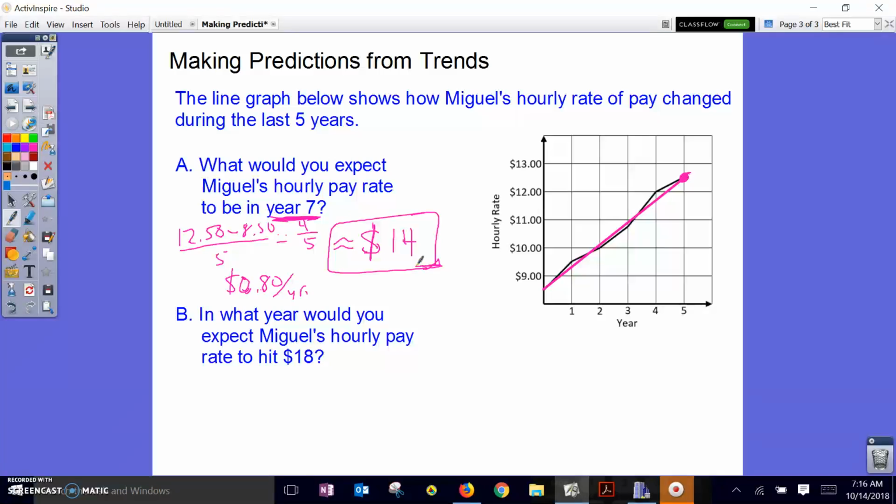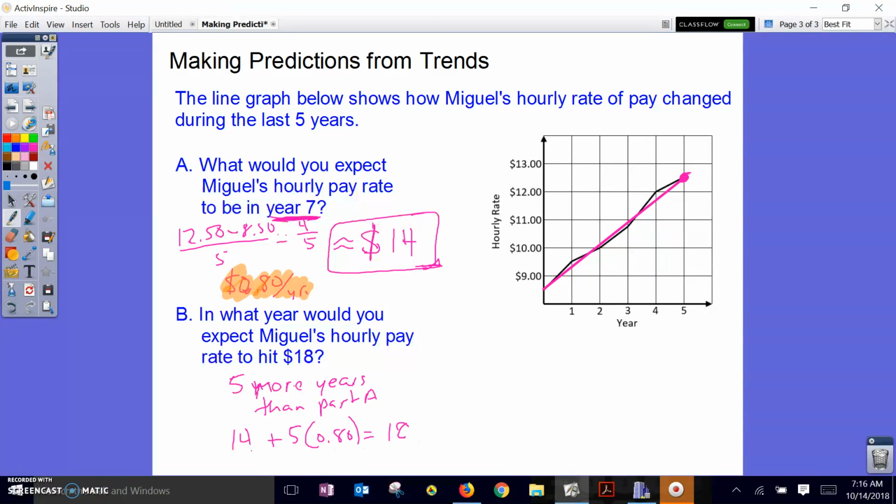Now the next thing it asks is, in what year would you expect Miguel's hourly pay rate to hit $18? Well, we think from here that it's going up on average about 80 cents a year. So let's keep adding 80 cents to that $14. And in order to do that, we need to add it 5 more times. So 5 more years than part A, because we're taking 14 plus 5 times that 80 cents.